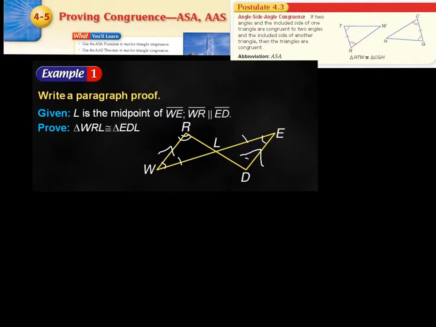So that's kind of giving us a little proof outline, so we have a plan. So they want us to prove that the 2 triangles are congruent. We can see on the diagram that we're also going to have those vertical angles congruent there as well.